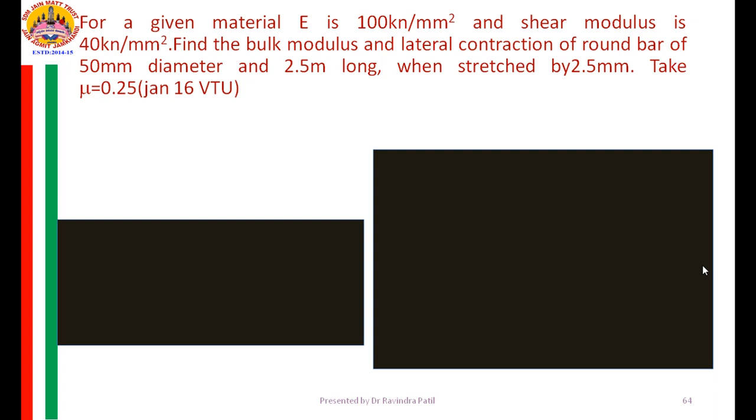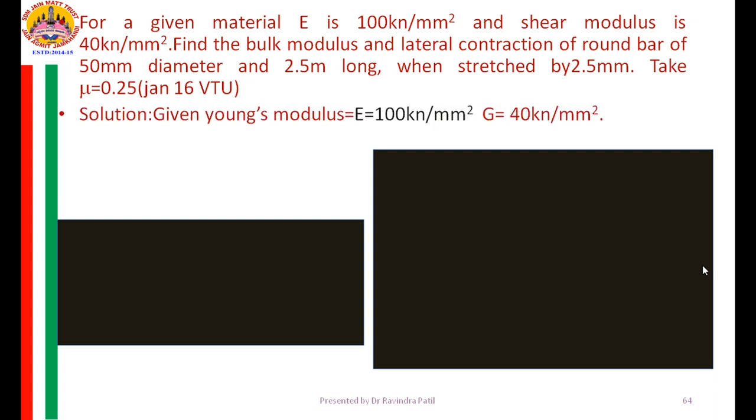Lateral strain is known to you and lateral dimension is known to you. You can get the lateral change in dimension. That itself is the contraction. As the length is increasing, the diameter is decreasing. This is all the overall summary of how we can attempt the problem.